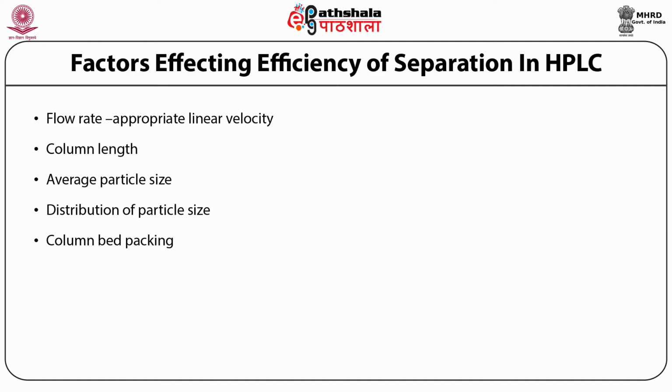Next is about particle size. The particle size of silica beads or modified silica beads inside the column matters a lot when it comes to efficiency. When you go to a lower particle size, the surface area increases, so the plates increase, and therefore you get a very accurate, beautiful separation. However, it also increases the back pressure disproportionately.